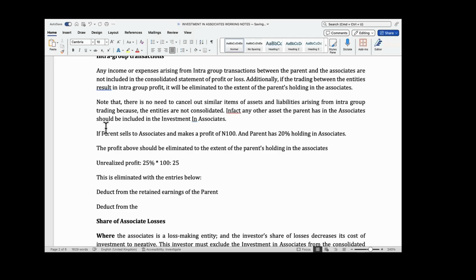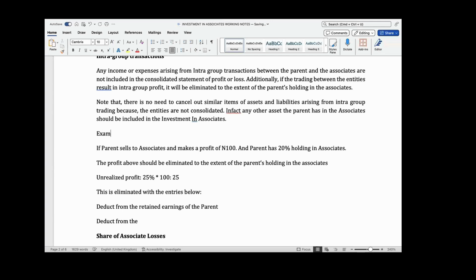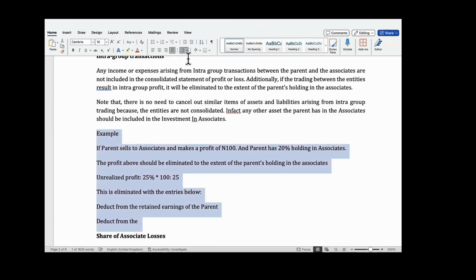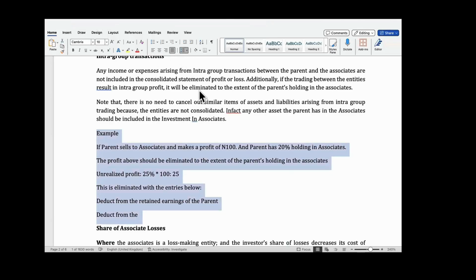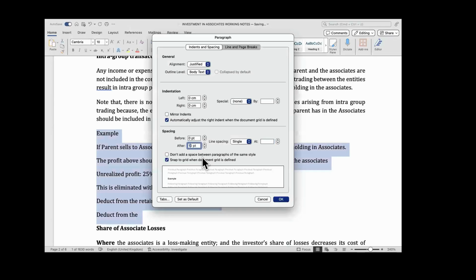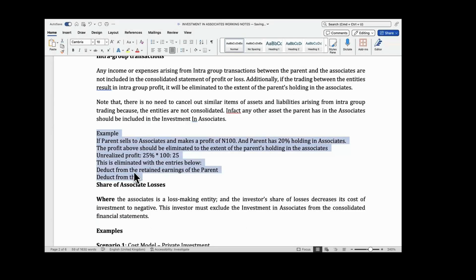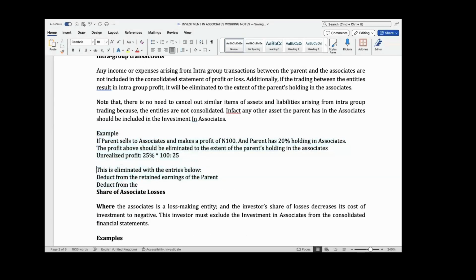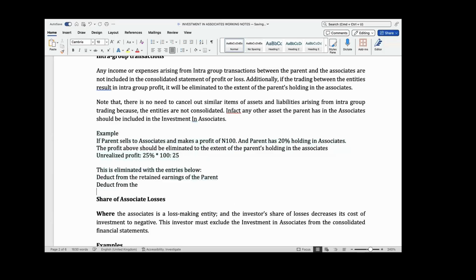Where are we going to deduct the second leg? Where do we usually deduct when we did subsidiary? We debit the retained earnings of the parent and credit the cost of investments in associates.